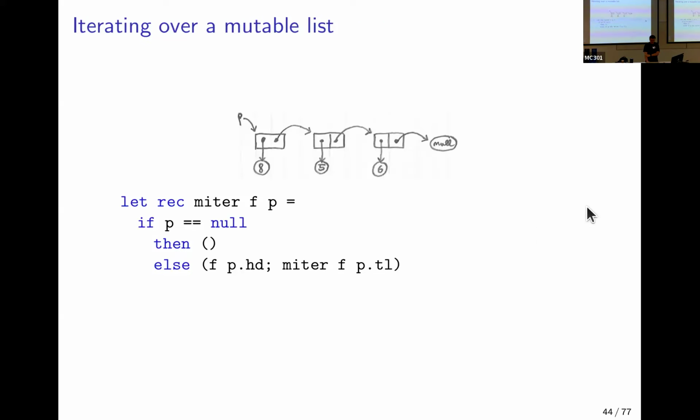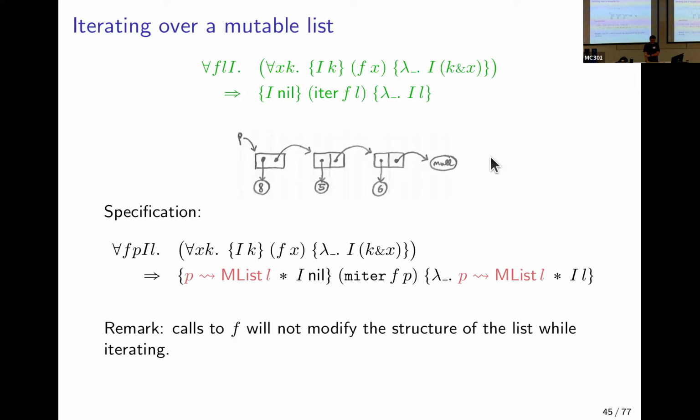Okay, so there is an example of iterating over a mutable list. How do you do this? So iter of f of L, but this time L is not a pure list. It's a mutable list. When you do this iteration on this mutable list, in fact, it does not change the structure of the list. So you add the predicate mlist just next to your invariant. The iter function does explode the structure, but does not modify it.